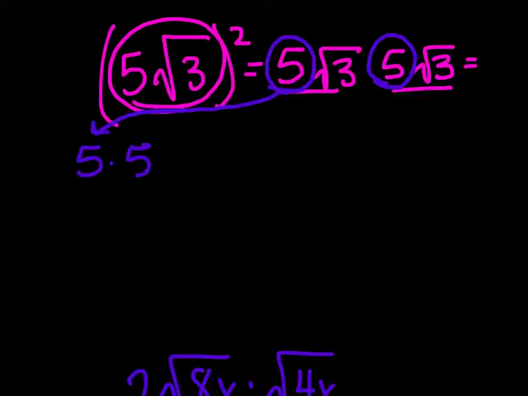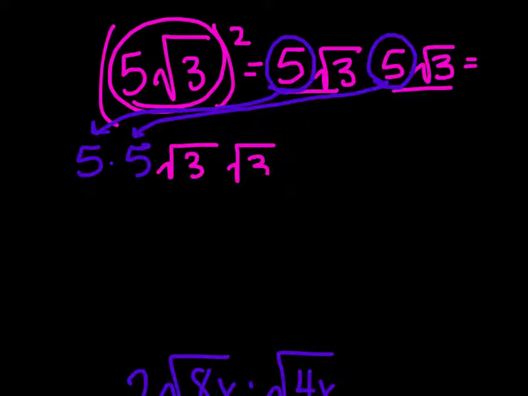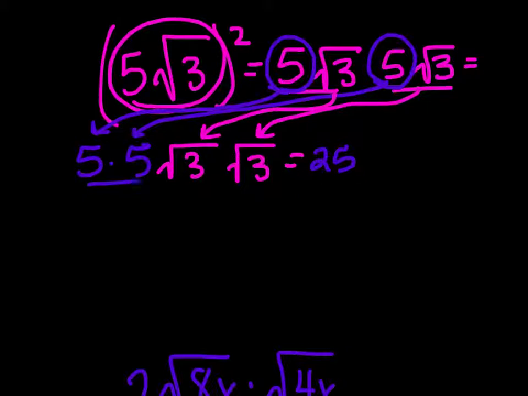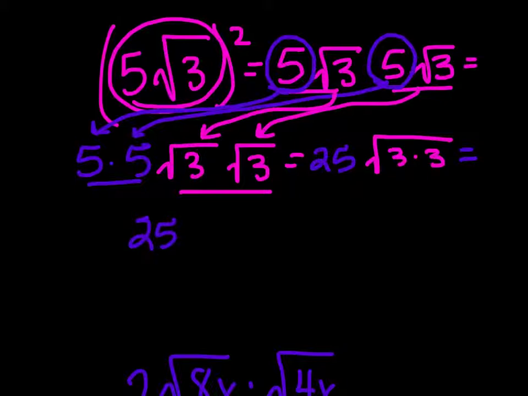So I'm putting my 5s out in front, and I'm going to do that math. And then I'm going to put my square root 3s in the back, so they're next to each other. It just keeps things a little bit more organized. So we have 5 times 5, which is 25, and the square root of 3 times the square root of 3, which is essentially the square root of 3 times 3, so that is 25 times the square root of 9.